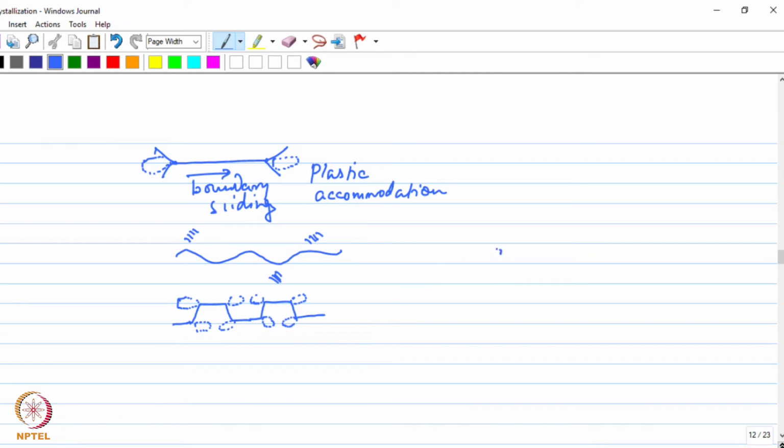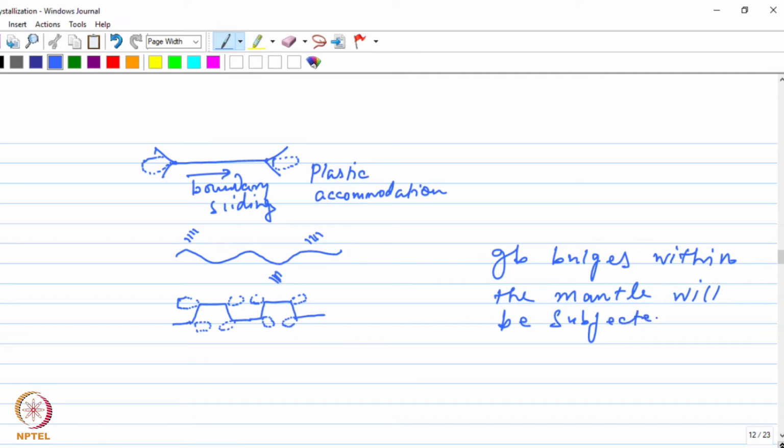So these grain boundary bulges that you have now within the mantle or even outside will be subjected to non-uniform shear, and as a result will rotate, leading to asymmetric shape and ultimately the formation of the subgrains.